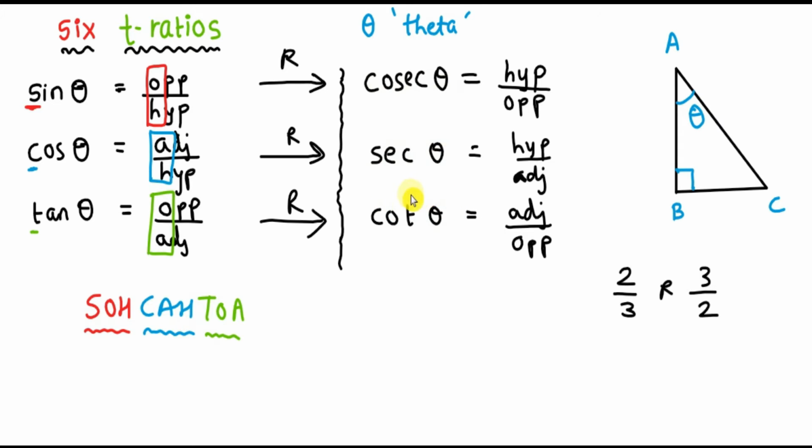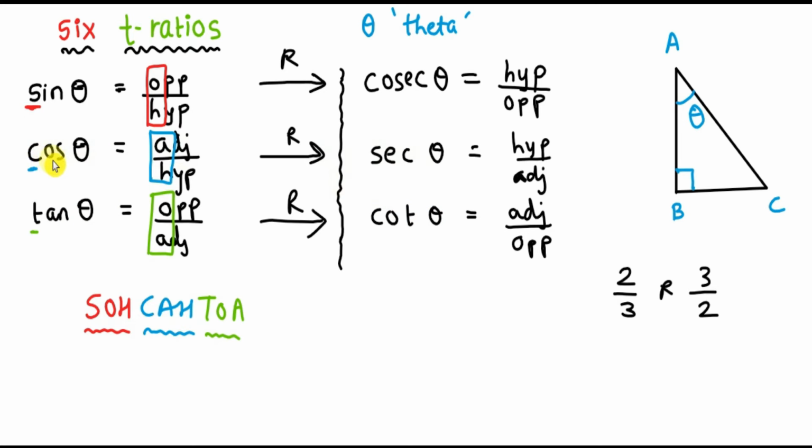All we need to remember is SOH, CAH, TOA, and we need to remember which are the reciprocals. Now, while remembering the reciprocals, remember that tan's reciprocal is cot, and they both have T in their name. In tan, we have T, and in cot, we have T. No other ratio has T in it. So the two ratios having T in it are reciprocals of each other, tan and cot.